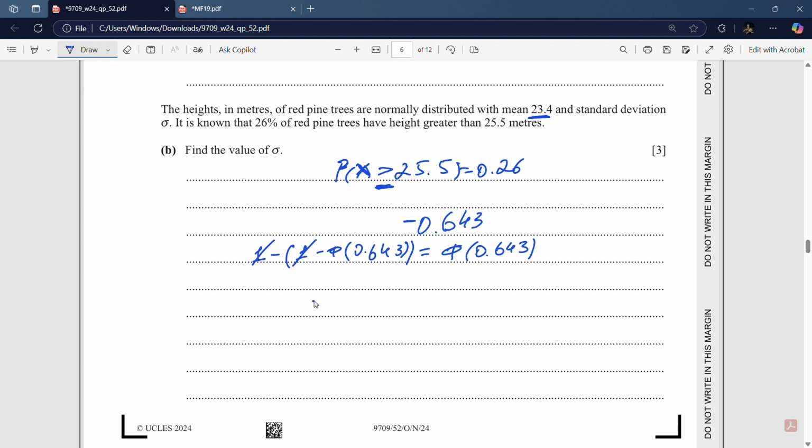So we know that z equals 0.643, and we have a formula which is x minus mean over standard deviation. So let's substitute the values.